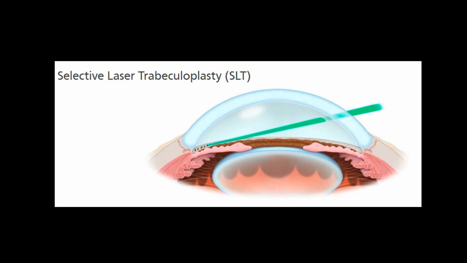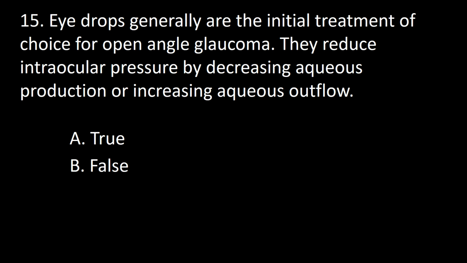Laser trabeculoplasty consists of focused light rays being directed to the trabecular meshwork. This procedure produces a reaction in the pigmented epithelium and often leads to increased aqueous humor flow via the trabecular meshwork. So the answer to this question is true.